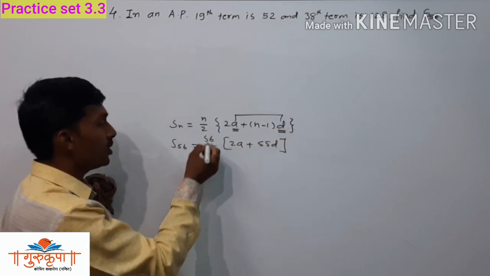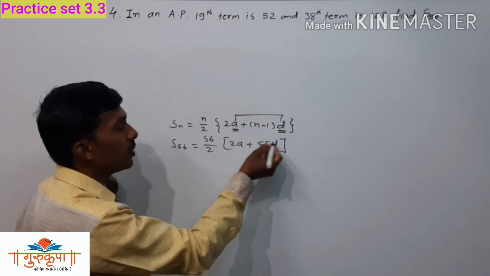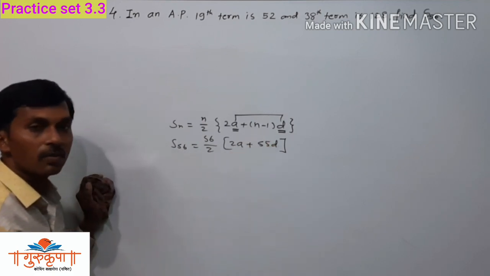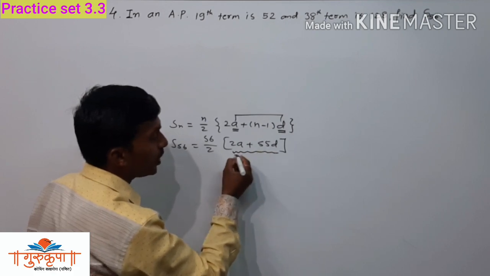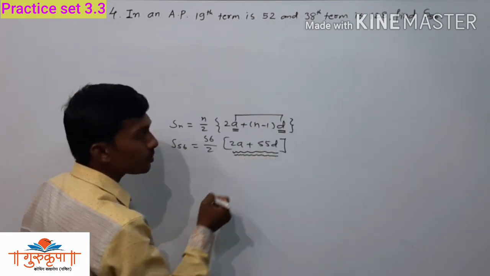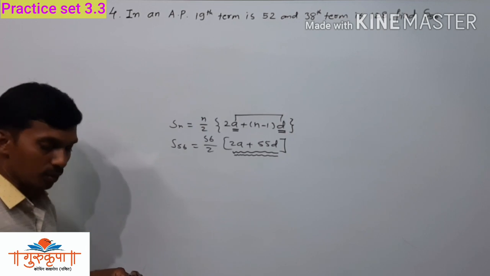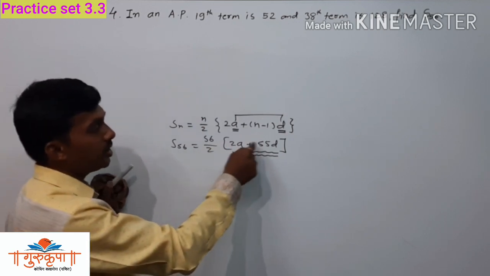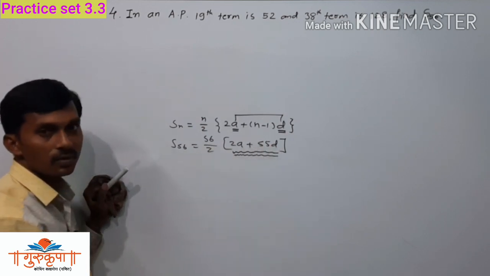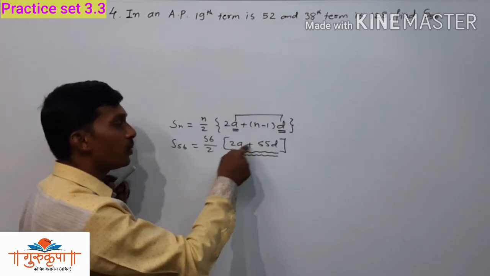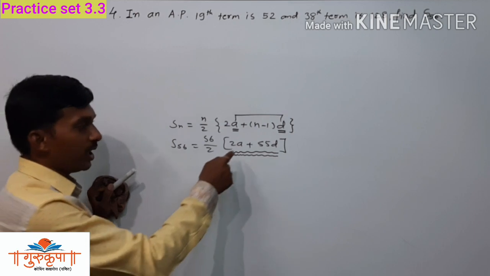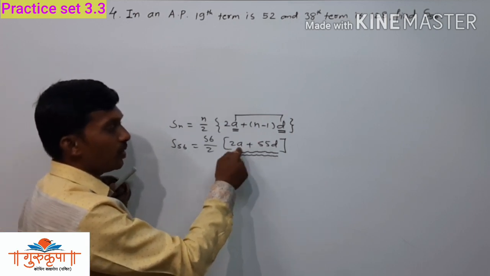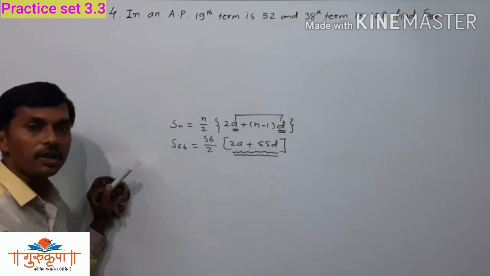So if we get the value of 2A plus 55D, there is no need to get the values of A and D separately. Directly we can get the value of 2A plus 55D without finding A and D.